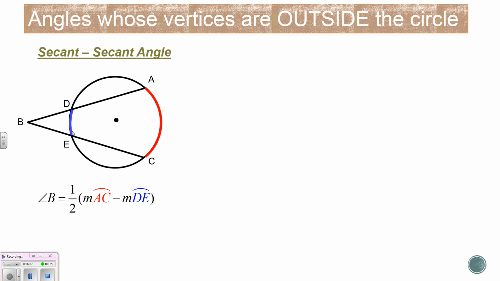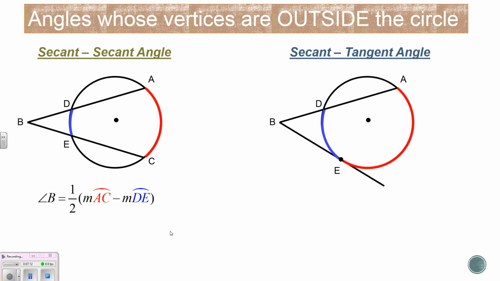We do not want to get a negative angle, okay? Negative angles you get to deal with next year, but this year, no negative angles. So always take the big arc minus the little arc and then divide by 2. This is the same relationship for any angle whose vertex is outside of the circle.